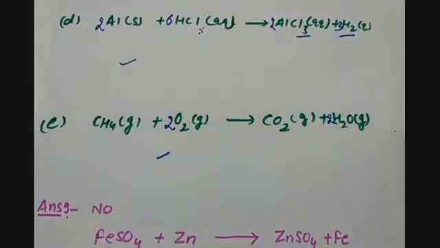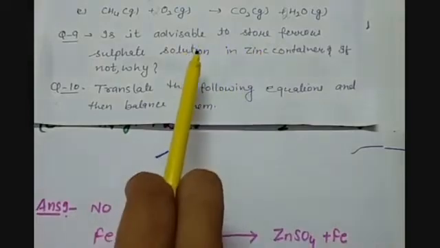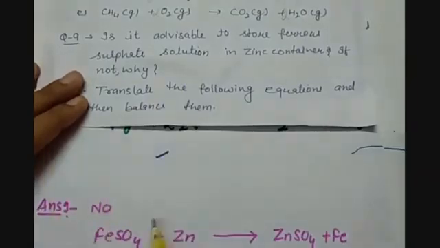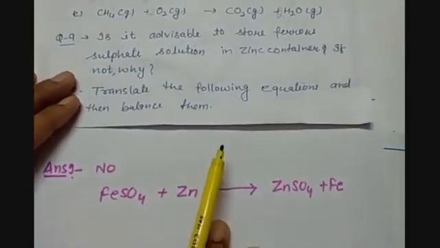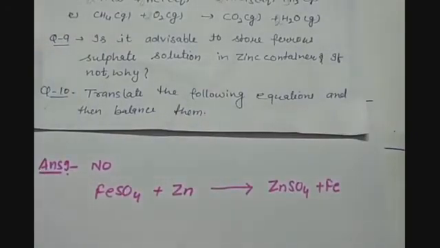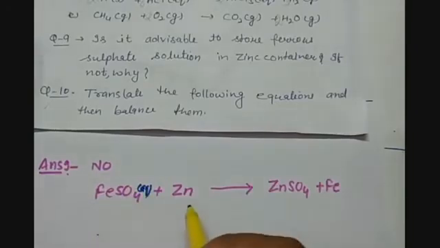Then the next question is: is it advisable to store ferrous sulfate in a zinc container? If not, why? The answer is no, it is not advisable to keep ferrous sulfate solution in a zinc container, because according to the reactivity series, zinc is more reactive than iron. So when we keep FeSO4 solution, that is in aqueous state, in a zinc container, zinc being more reactive will displace iron from its solution.